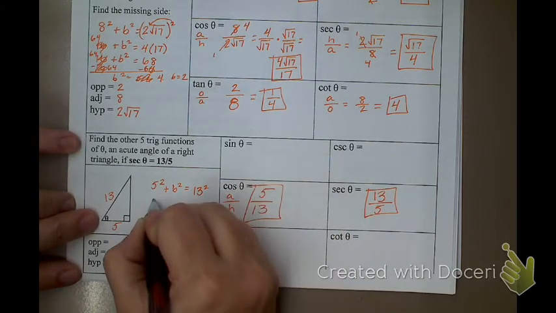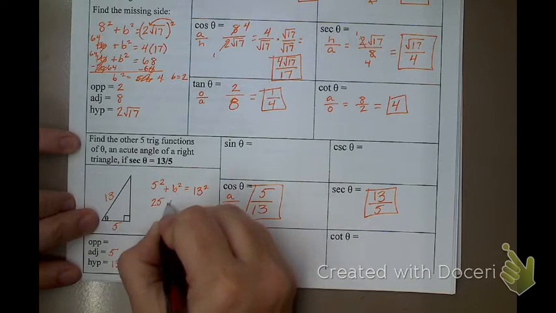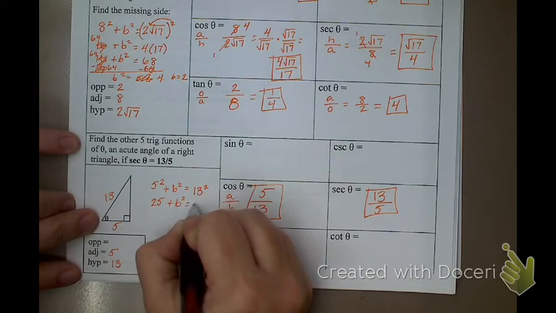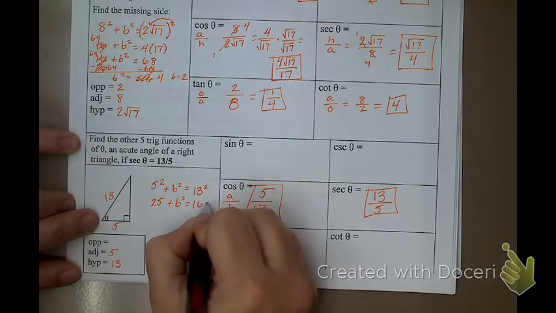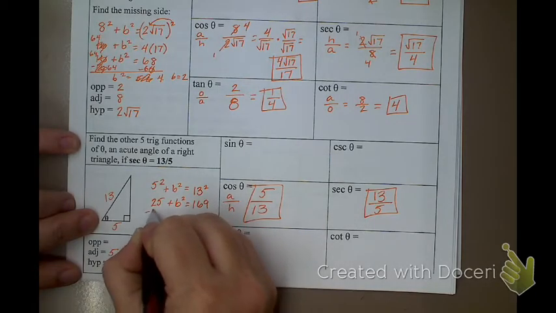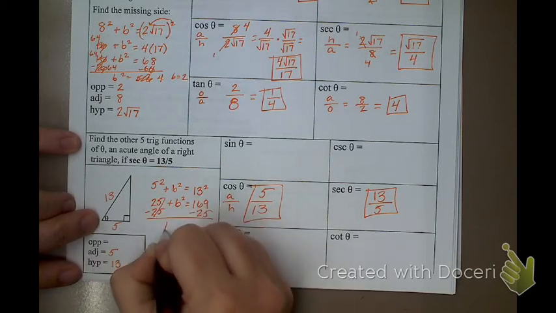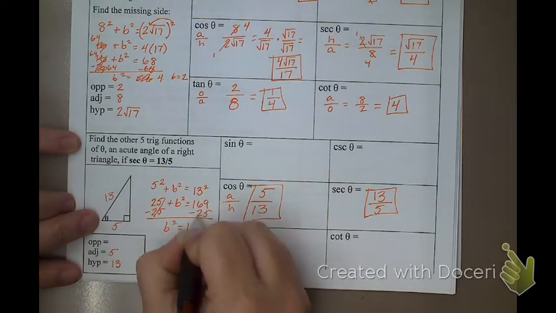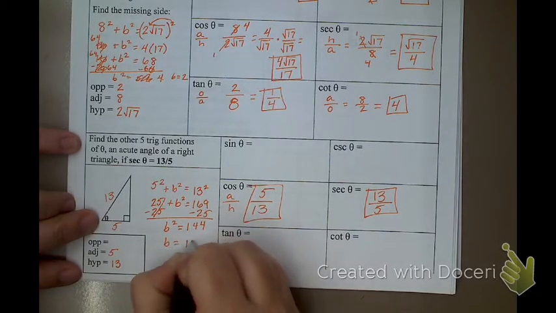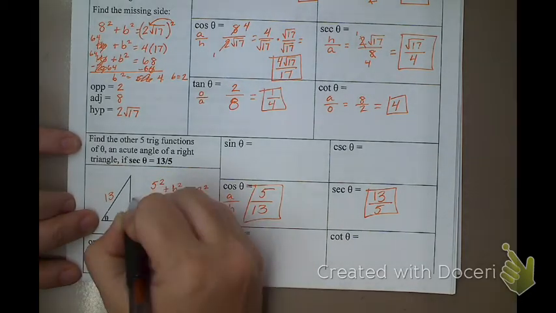Well, 5 squared is 25. 13 squared is 169. If I subtract 25, b squared is equal to 144. So what does b equal? It equals 12. So that opposite side is 12.